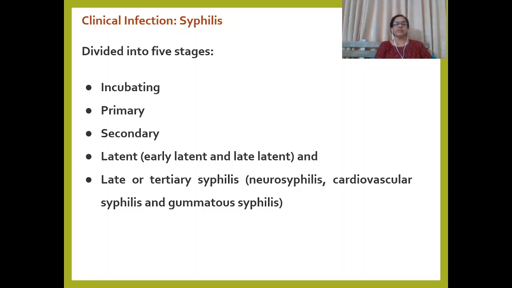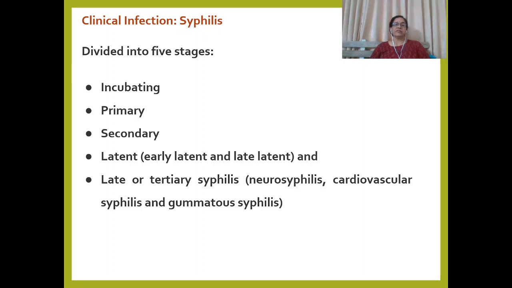After this, the microorganism may remain in the latent stage. This is divided into two categories, early latent stage and late latent stage. Here, symptoms are not present. They are not observed, but microorganisms are present in the body. After that, after several years, one can see late or tertiary syphilis.